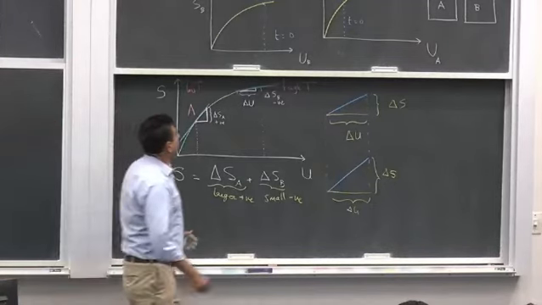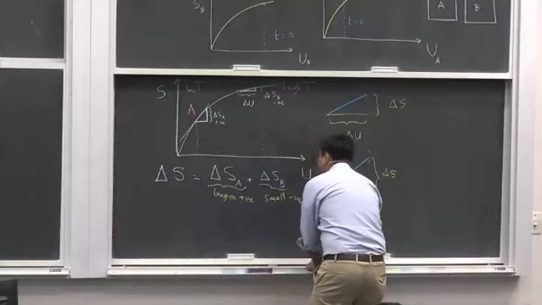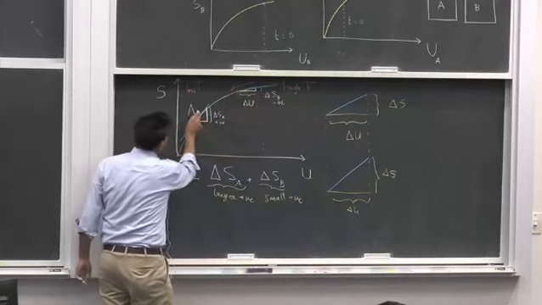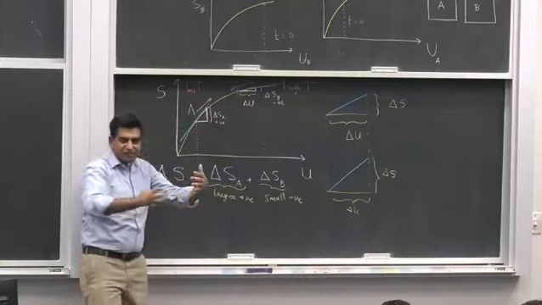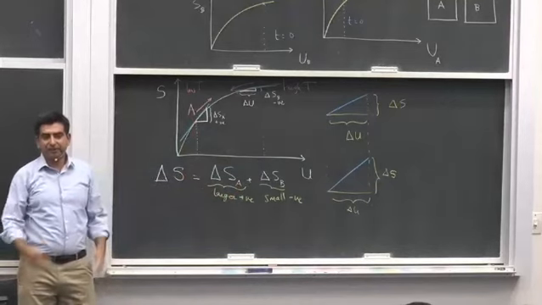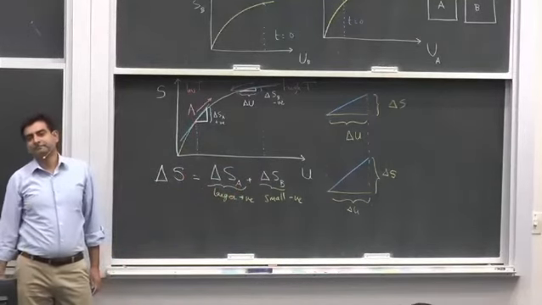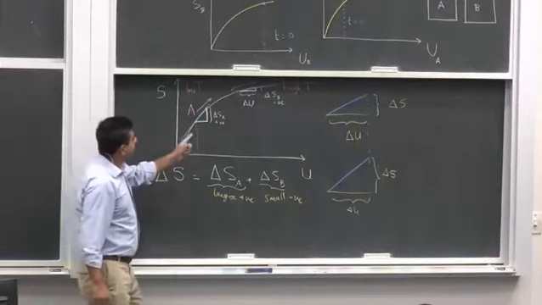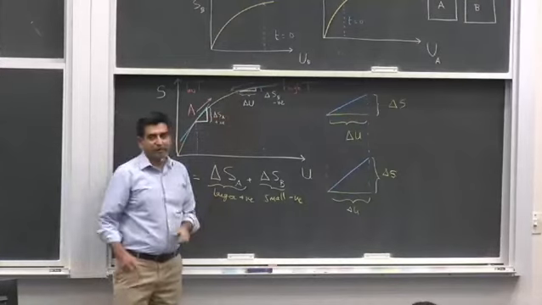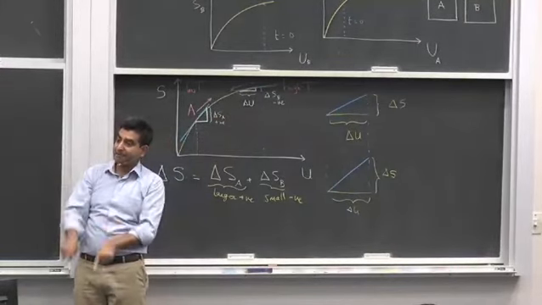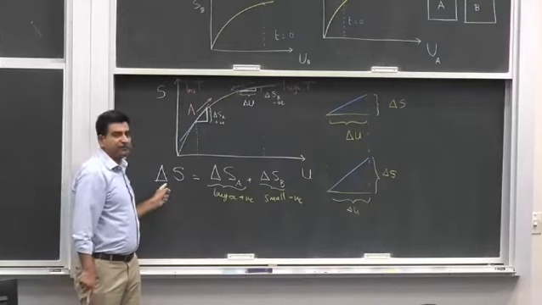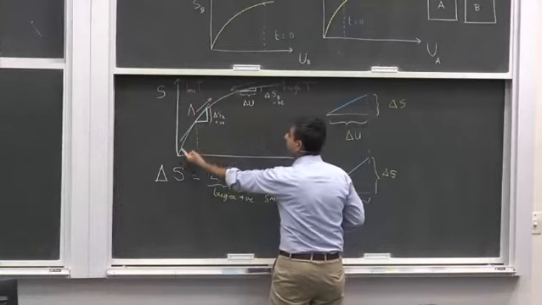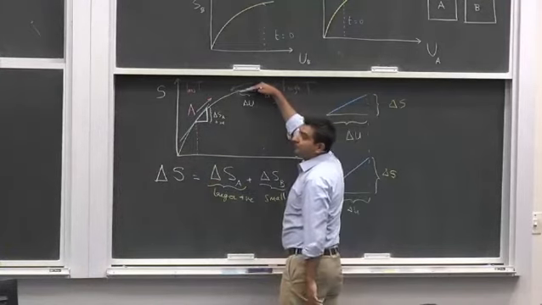Alright. So as I move further, as object B moves down this graph, and object A moves up this graph, energy exchange is continually occurring between A and B, and as a result of this energy exchange, A's entropy is going up, B's entropy is going down, but in each step delta S is always positive, because this point is further towards the right, and since this is a concave graph, the slope here is always smaller.